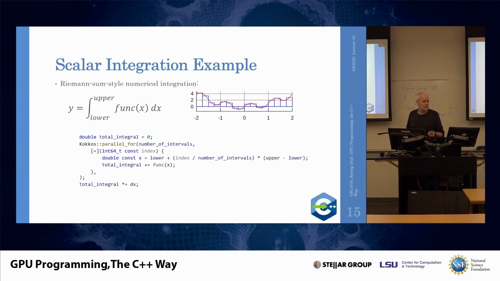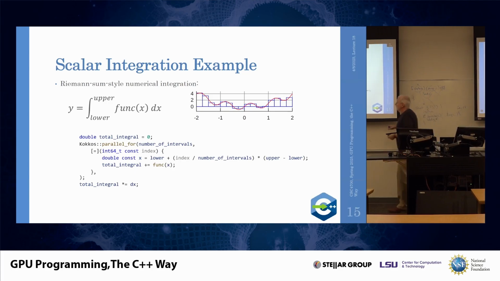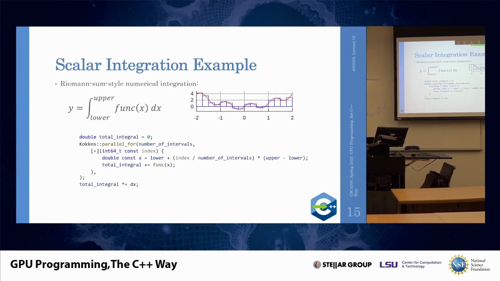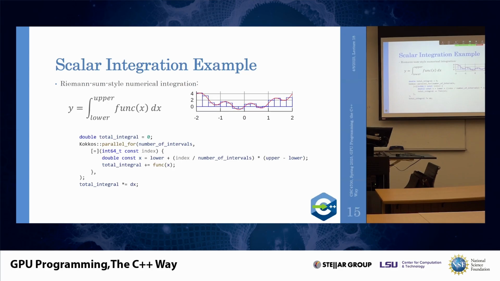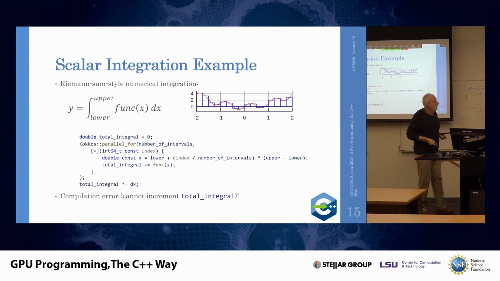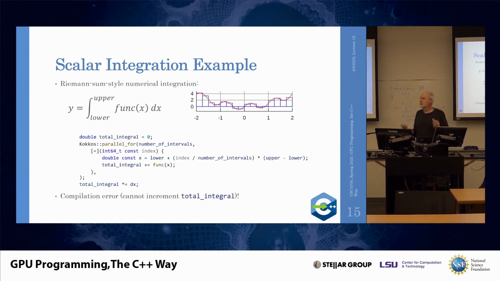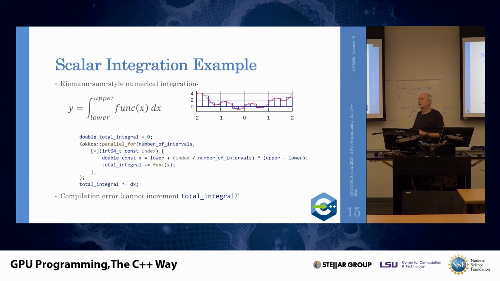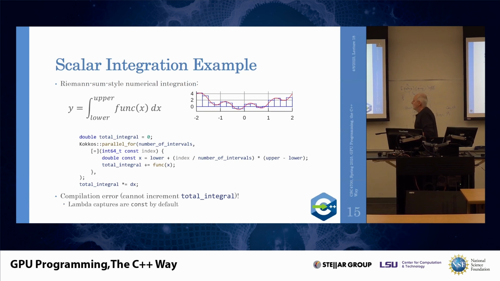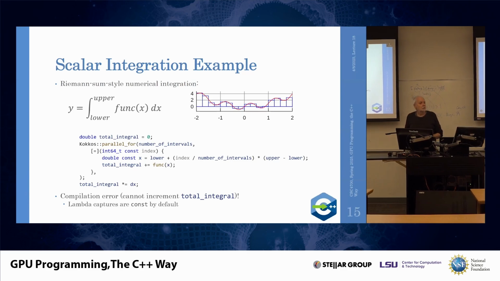You can make it change things, that's possible, but by default, that operator is const. So in other words, total integral was captured by value, and we are trying to change it. So this will not work because total integral is a constant value. I can't change it. I can't add anything to it. Because the captures are const by default. That's something you have to remember.